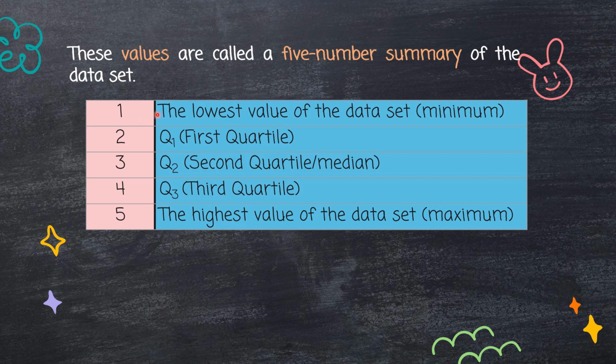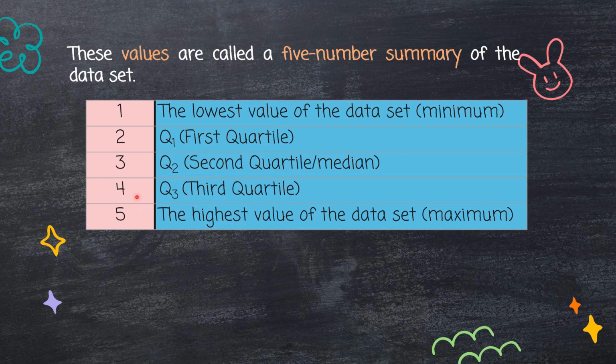First, you must have the lowest value of the dataset, or data minimum. Second, you must have in your box plot the first quartile, or Q1. The third value is the second quartile, or median.